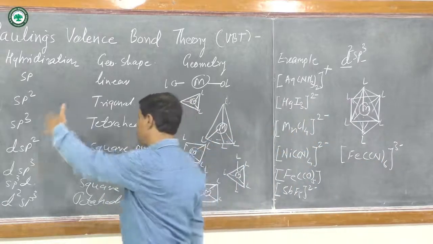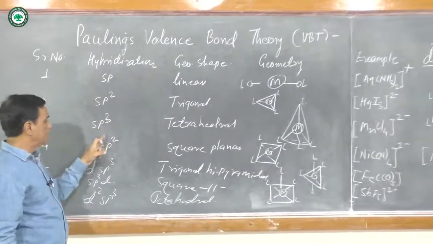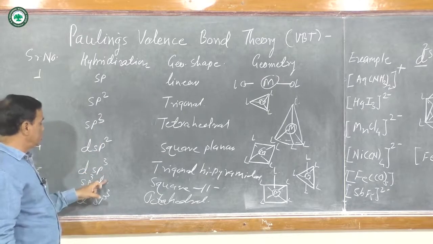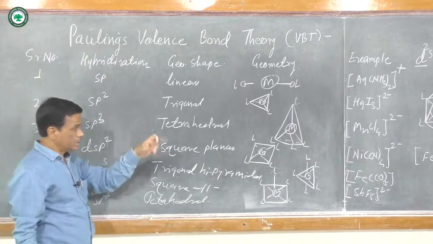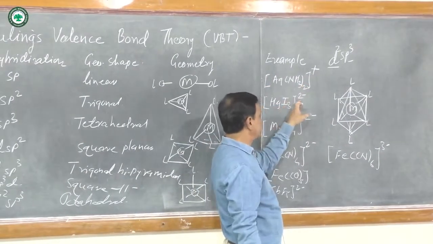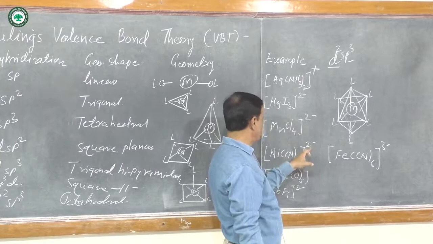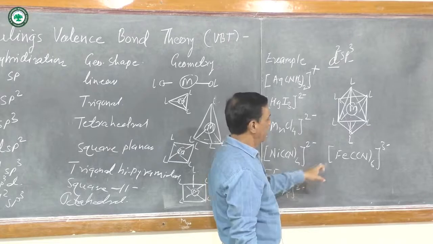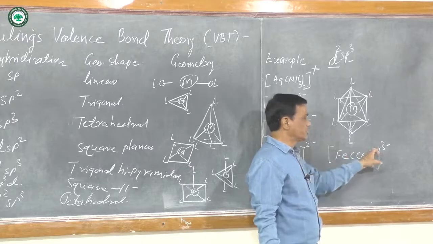All these are the types of hybridization: sp hybridization, sp2 hybridization, sp3 hybridization, dsp2 hybridization, dsp3 hybridization, sp3d, then d2sp3. These are the corresponding examples: Ag(NH3)2+, HgI3 2-, MnCl4 2-, Ni(CN)4 2-, Fe(CO)5, then SbF5 2-, and the last example for d2sp3 hybridization is Fe(CN)6 3-.